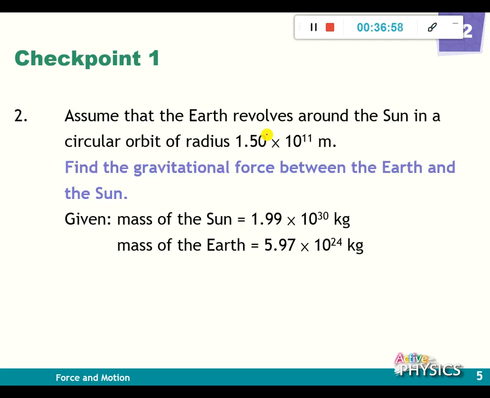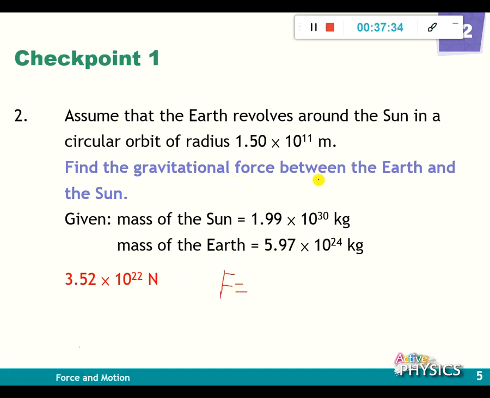Okay, second question. Assume that the Earth revolves around the Sun. It means that it moves around the Sun in a circular orbit, and then I give you this radius. Find the gravitational force between the Earth and the Sun. It should be this answer. How to do it? Of course, write down the formula. Okay, but here I haven't given you the formula. This one is very easy, just substitution.